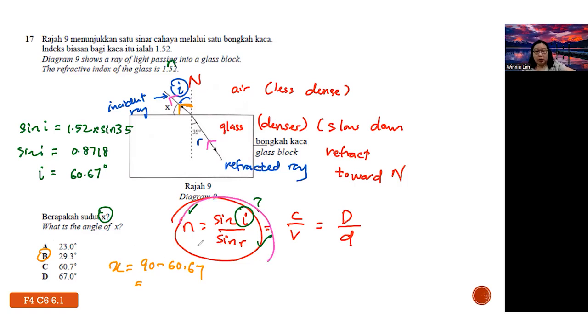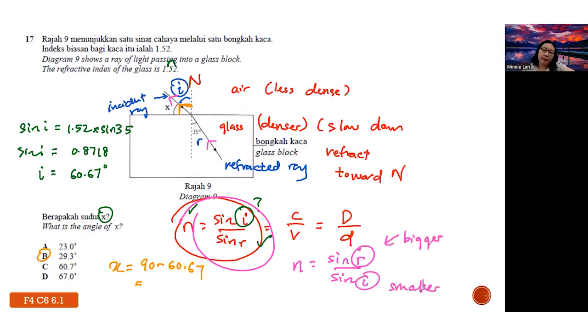When you calculate the answer using the refractive index formula, you have to inverse the angle as well, which means n equals sin r over sin i. Or simply, I always tell students, remember the angle on top is always the bigger angle, and below is the smaller angle. This formula is only true if the ray travels from less dense to denser. If it's the other way around, you reverse the formula.